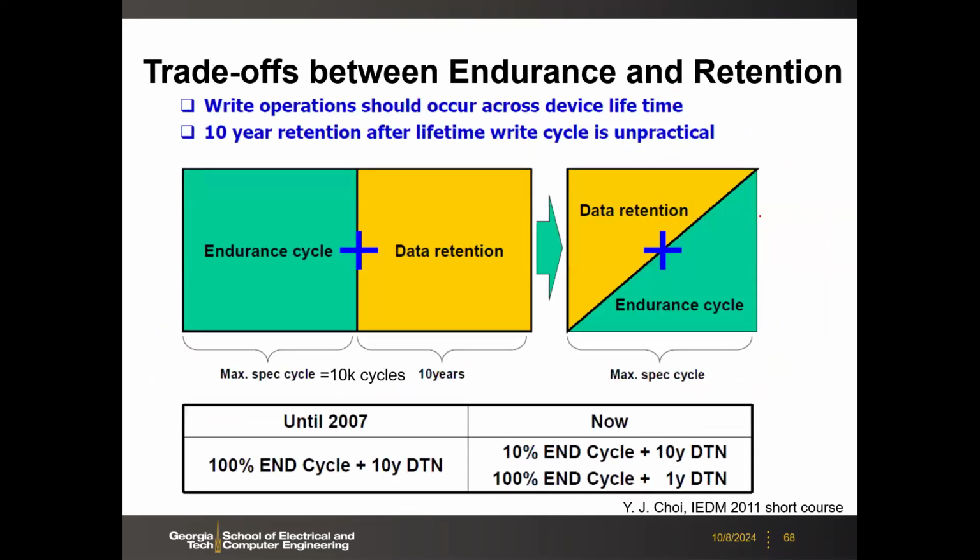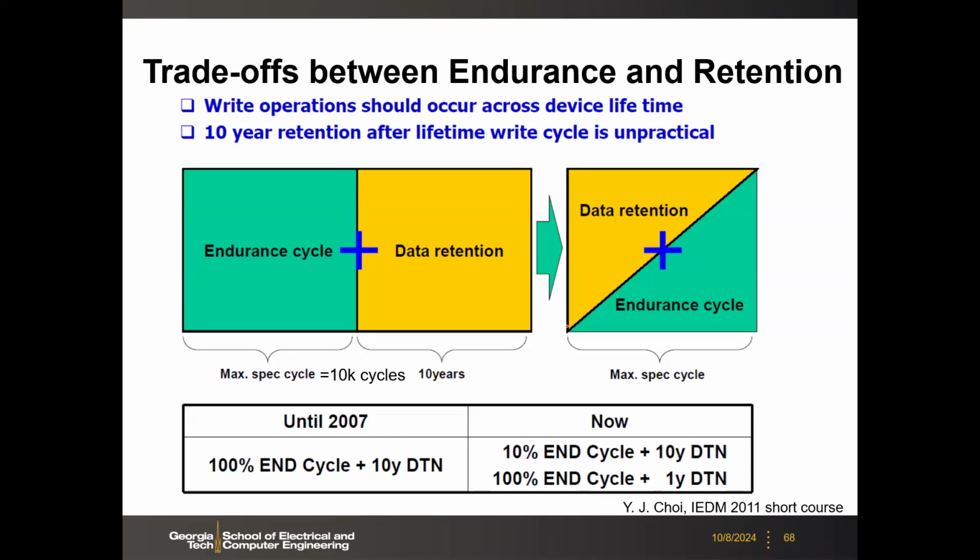So we see the trade-offs between endurance and retention. You see that after the cycling, the retention actually becomes worse. Here, we cannot really require the device to be both reliable in the cycling and data retention. So typically there will be a trade-off.